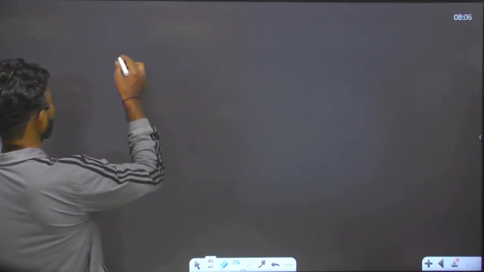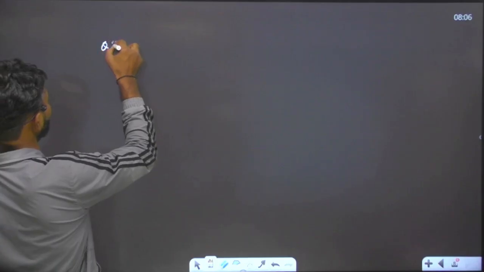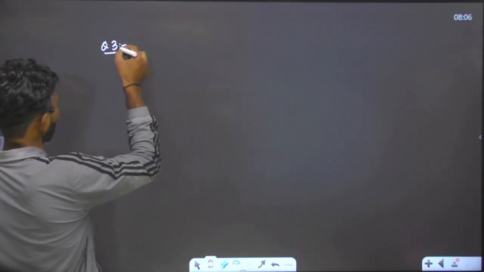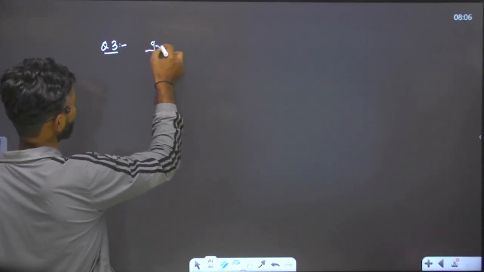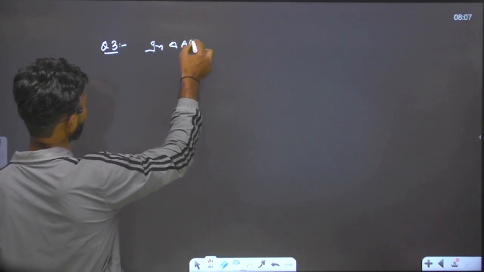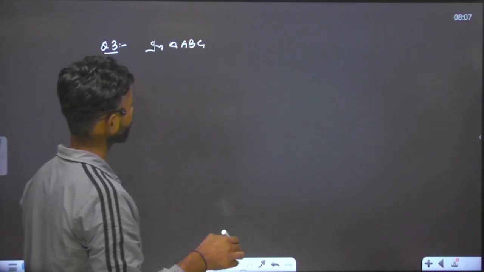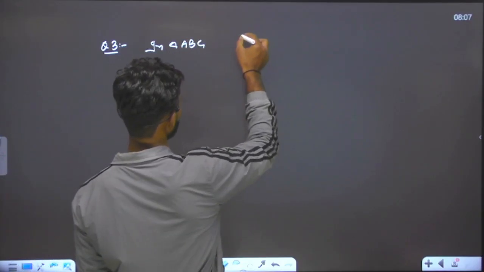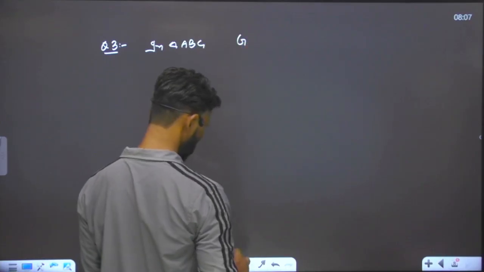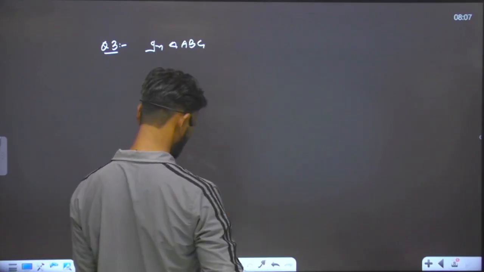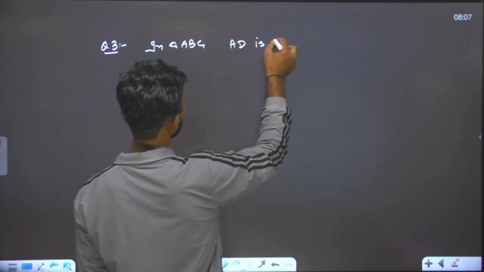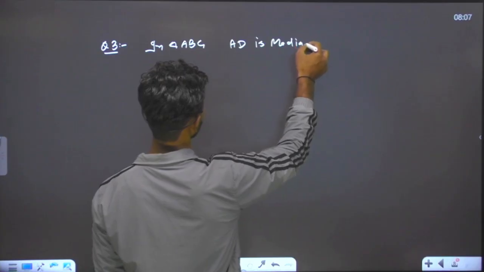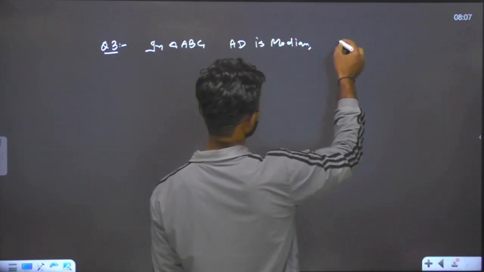And this is question number third. It says that in triangle ABC, AD is the median, and G is the midpoint of AD.